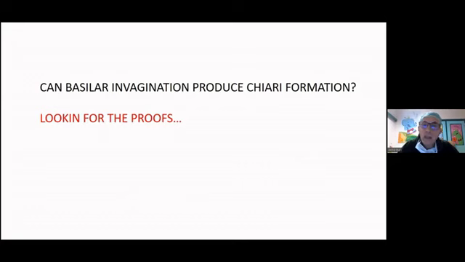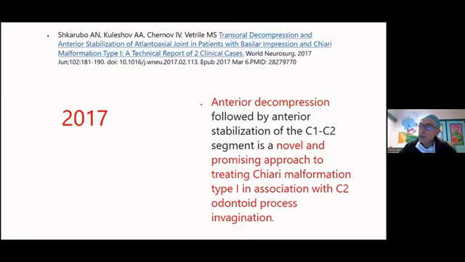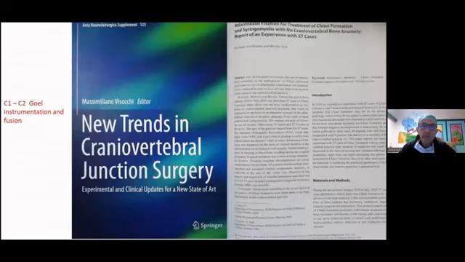But can basilar invagination produce Chiari malformation? We have some very recent papers dealing with the indication of anterior decompression just in case of irreducible odontoid invagination associated with Chiari 1 disease.